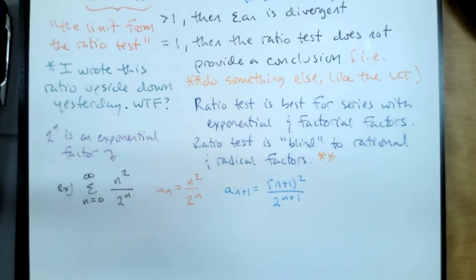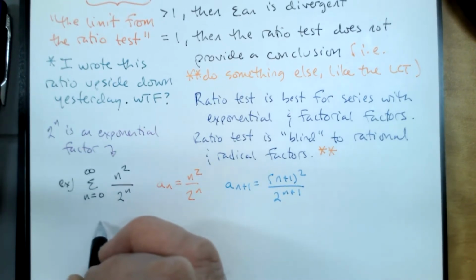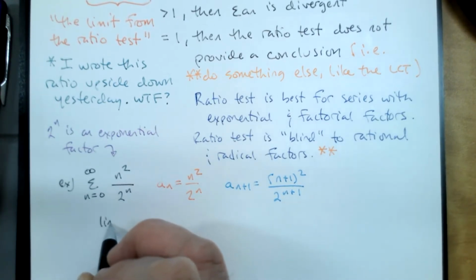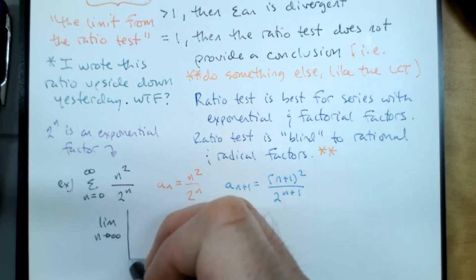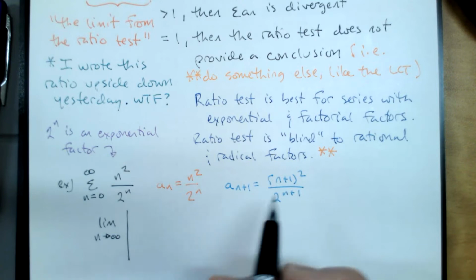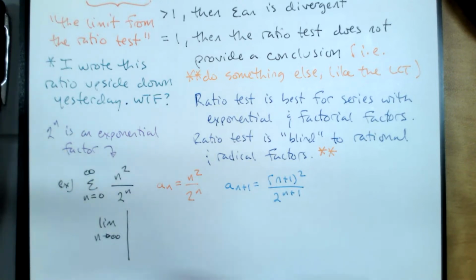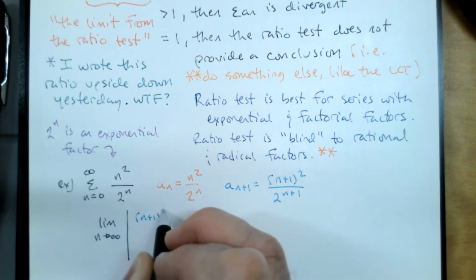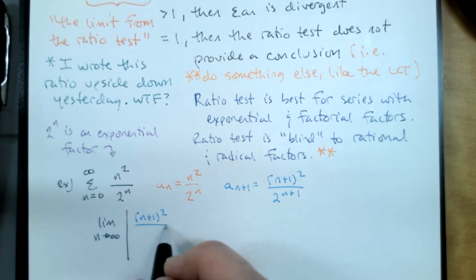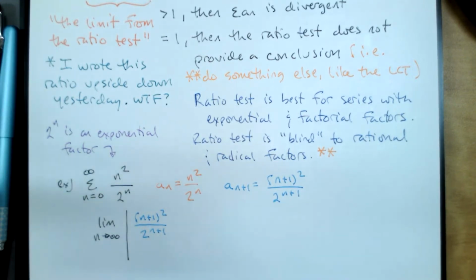So we're going to do the ratio test. We'll take the limit as n goes to infinity of the absolute value of a_(n+1) over a_n.